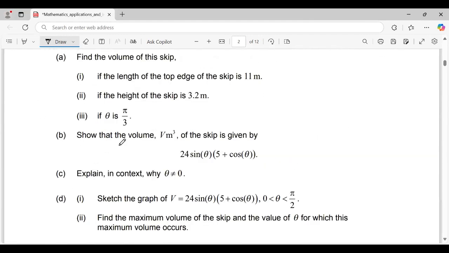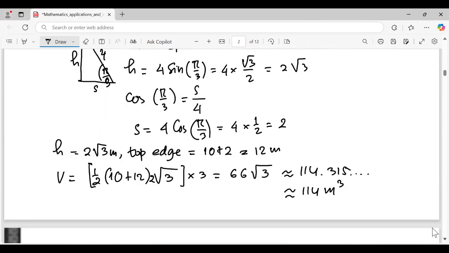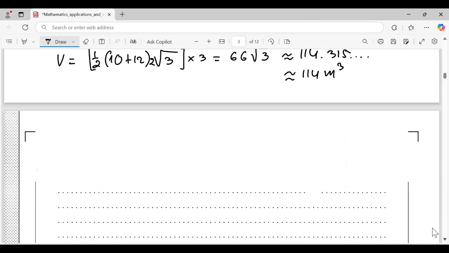Question B. Show that the volume V meters cube of the skip is given by this expression. I'm going to sketch the right angle triangle. H, this is S, and this angle is theta, hypotenuse 4.